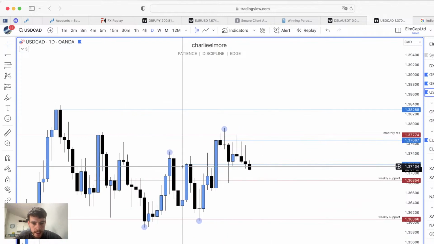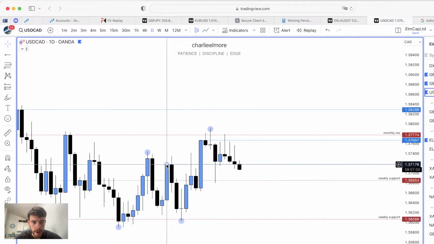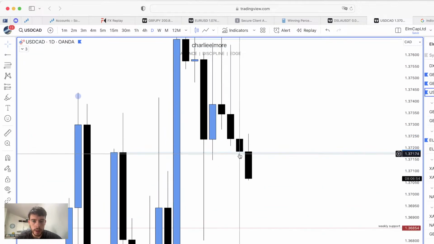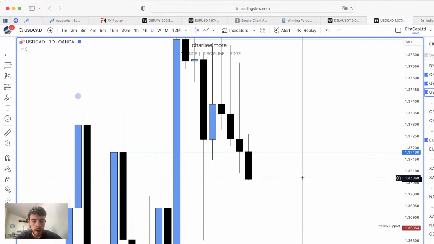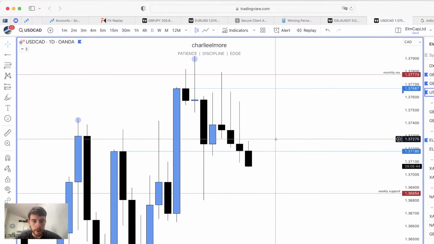So what price wicked into on Wednesday, so literally last week, Wednesday the 12th of June, was this area right here. And what I was paying attention to was yesterday's candle wicked into it again, and it closed above it or on it. It didn't close below it. So this was number one reason why I decided to go long from here.